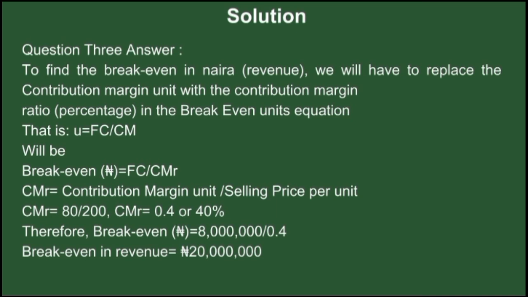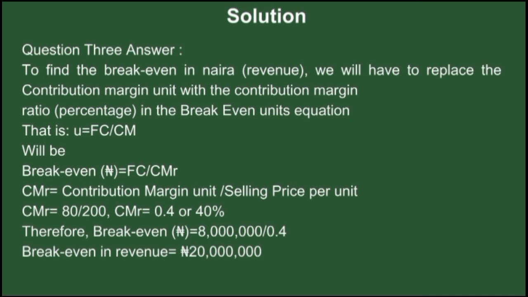So in the break-even unit equation, where you have U equals FC divided by CM, what we'll now have is, instead of U, break-even in naira equal to FC divided by CMR, where CMR, like I mentioned, refers to contribution margin ratio or contribution margin percentage. So contribution margin ratio, or CMR, is equal to contribution margin per unit divided by the selling price per unit.